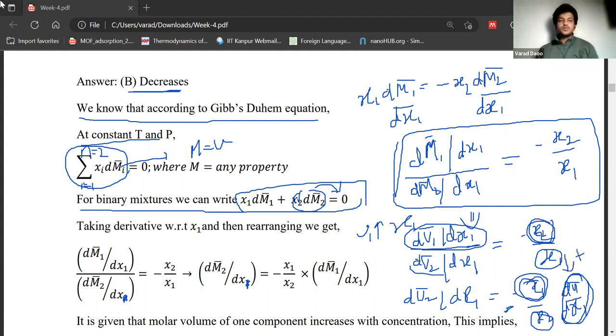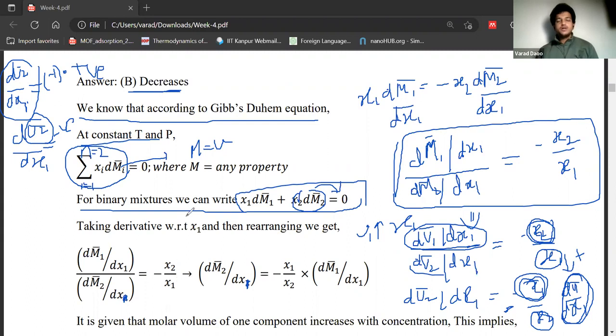That means dv2 bar by dx1 is equal to minus 1 multiplied by a positive quantity. That means dv2 bar by dx1 is going to be negative, right? It's negative. That means v2 bar is going to decrease with respect to x1, and that is precisely what is asked.